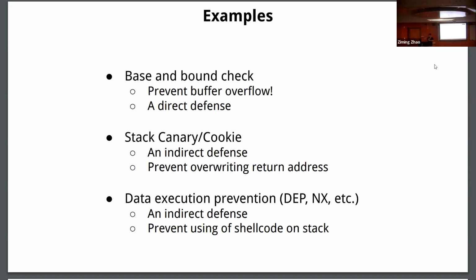Several examples here. The very first, in theory, it's great. It's the base and bound check approach. This is a direct defense, and this is used in many other high-level languages like Java. Some of you probably heard about Rust. Rust is a different approach, which can be much faster.